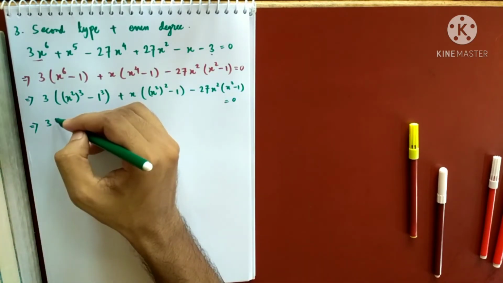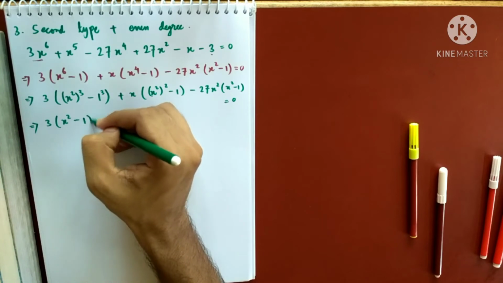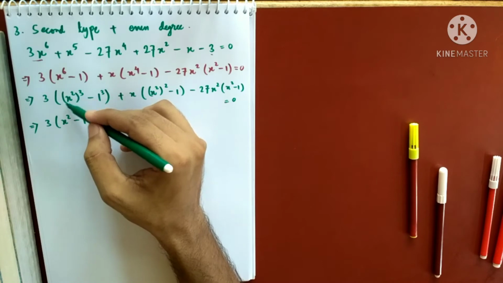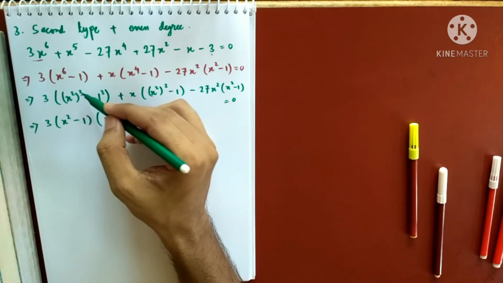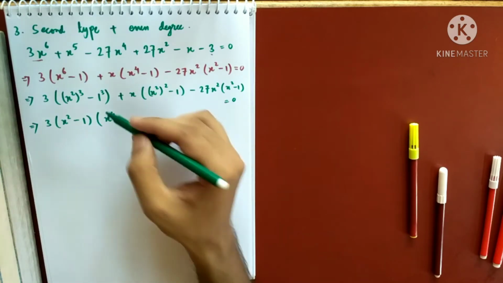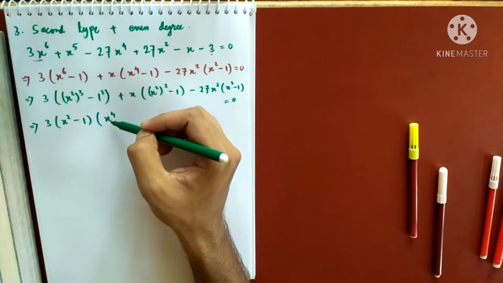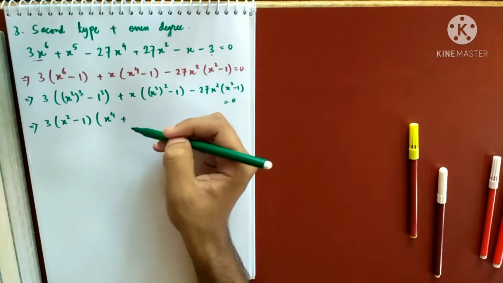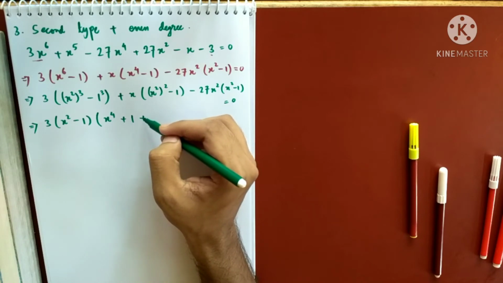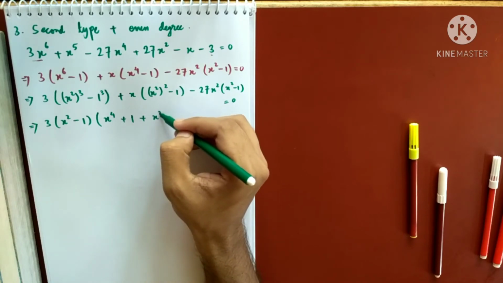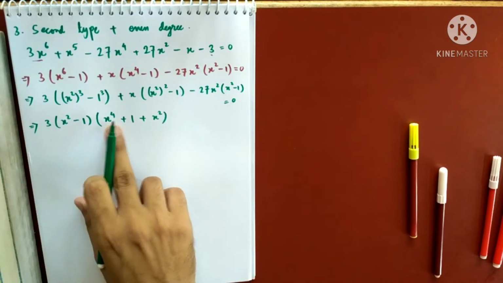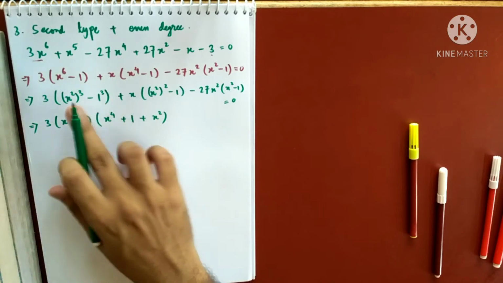You should know: a minus b in bracket a square plus b square plus ab. Here a is x square, b is 1. So a square is x to the power 4, b square is 1, and ab is x square into 1, x square.